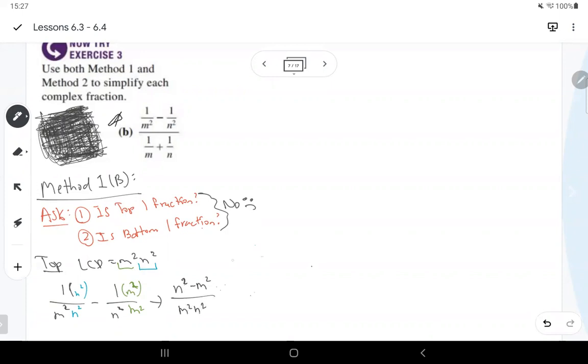Okay, that's the top. The bottom has an LCD of mn because that's the only thing available for that.